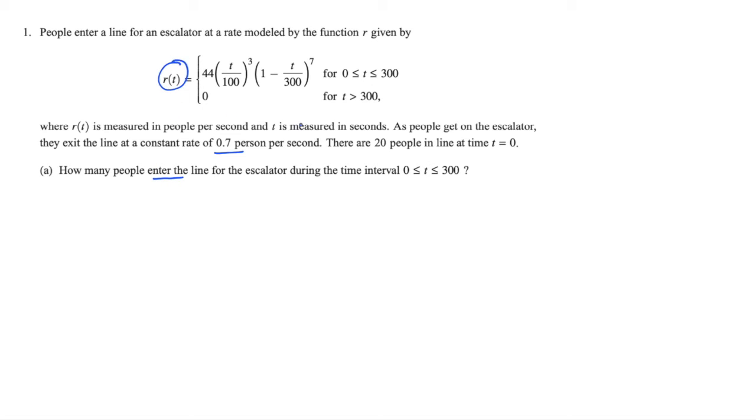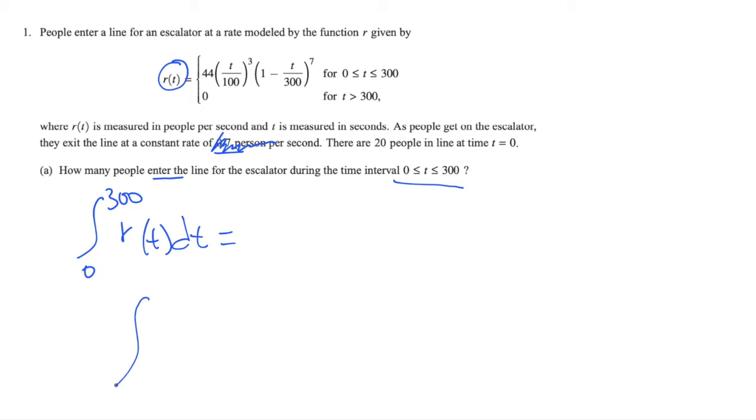We don't need to consider the exit. Then what we need to do is integrate from 0 to 300 the rate at which people are entering. And we just have to introduce this in the calculator.